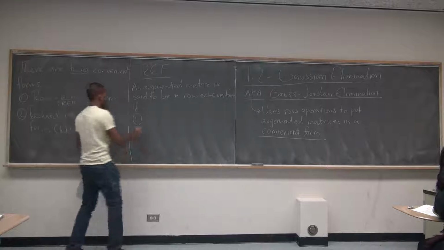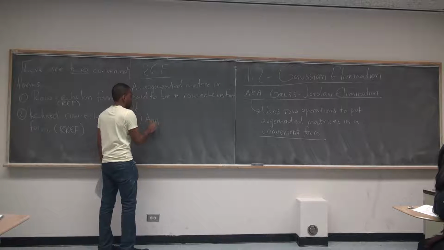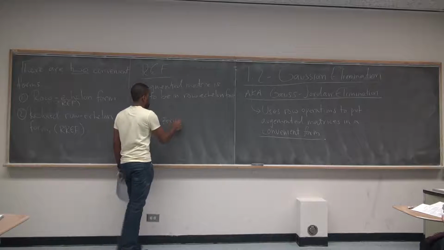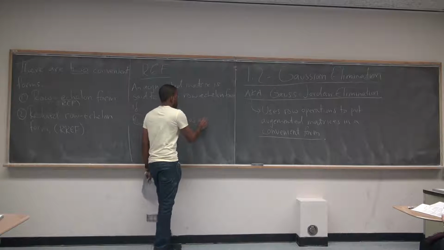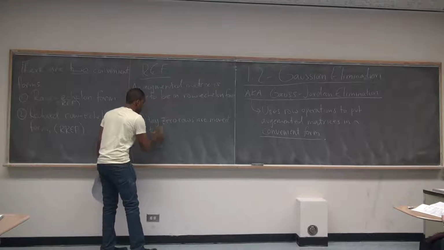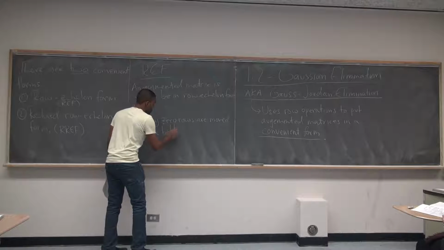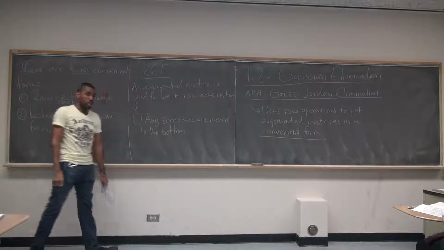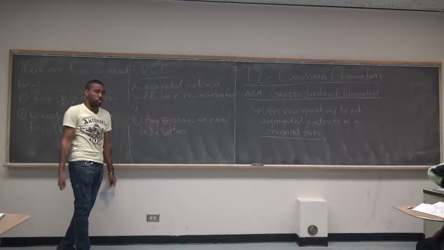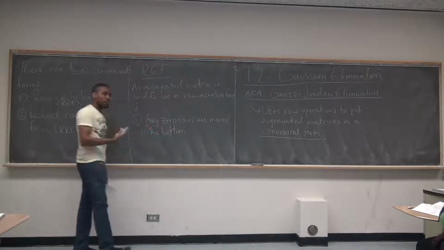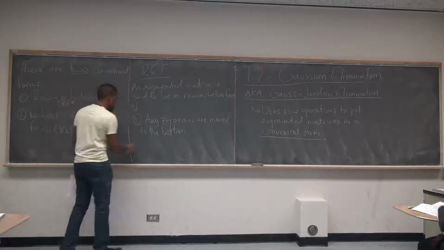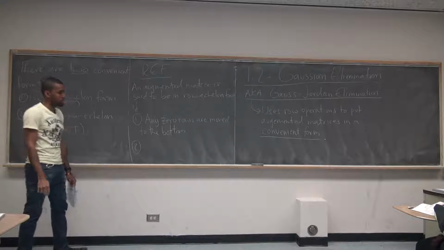One, any 0 rows are moved to the bottom. I can do that. That's a type 1 operation. It won't change my solution to just say, if you're all zeros, go to the bottom. Right? So you don't have to have a 0 row, but if a 0 row exists, put it at the bottom. This is the first step in a convenient form, a row echelon form.